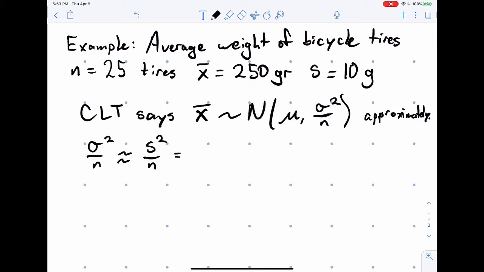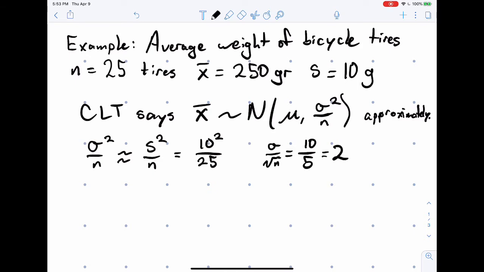And this is equal to 10 squared over 25. And that means sigma over square root of n, the standard deviation of our X bar, is equal to 10 over 5, which equals 2 in this case. 2 grams, that is. We're back to our units of grams.